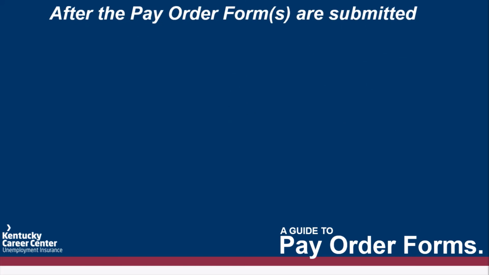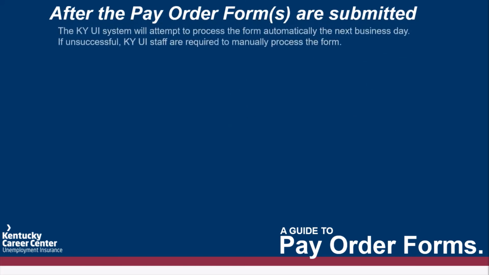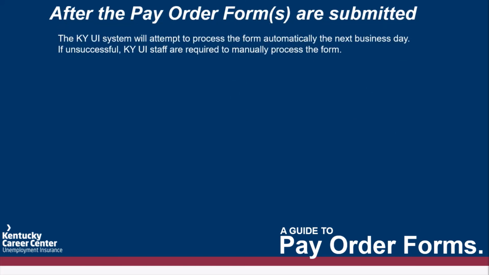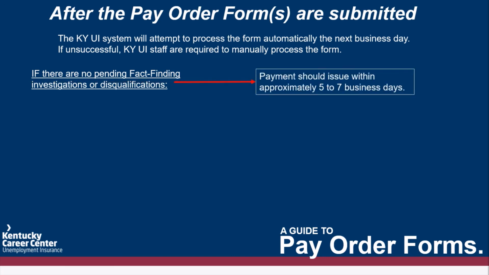After the pay order forms are submitted, the Kentucky UI system will attempt to process the form automatically the next business day. If unsuccessful, Kentucky UI staff are required to manually process the form. If there are no pending fact-finding investigations or disqualifications, payment should issue within approximately 5 to 7 business days.